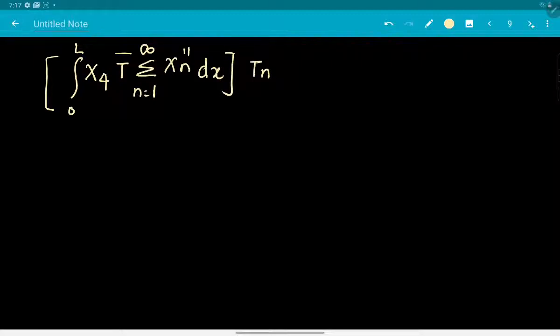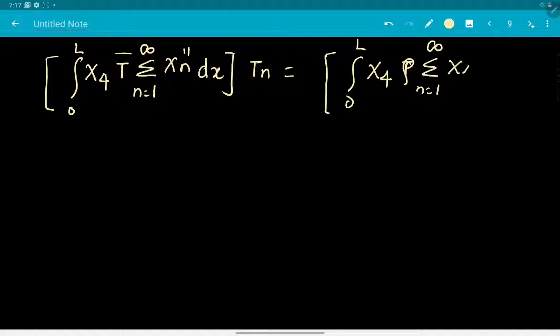I'll write it this way: integration from 0 to L of X4 T bar, and then the summation, this Tn is going to come out, and then you have rho over here, then Xn's here.